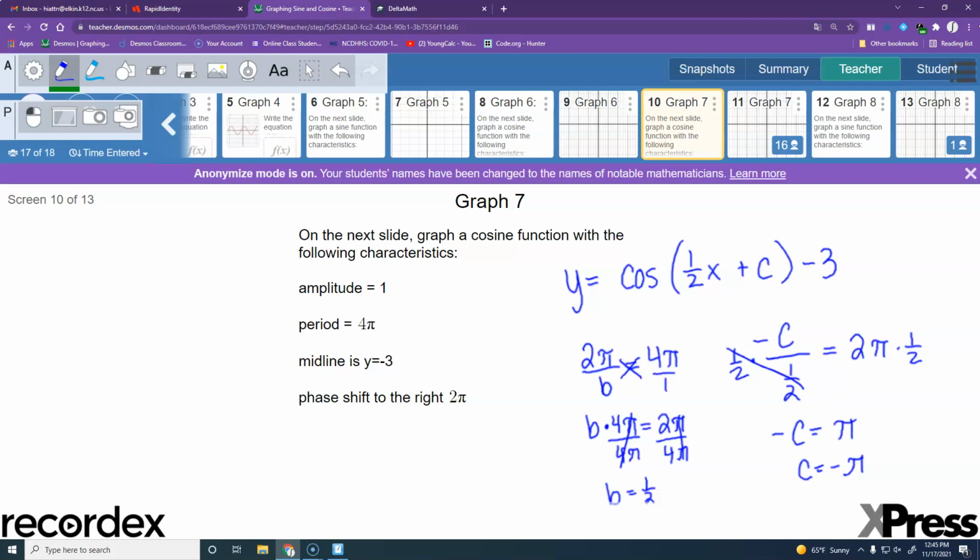So our equation here can be minus pi. You can write it like this. You'll also see it a lot of times, they like to write this as x over 2 or theta over 2 minus pi, minus 3. Okay, questions?